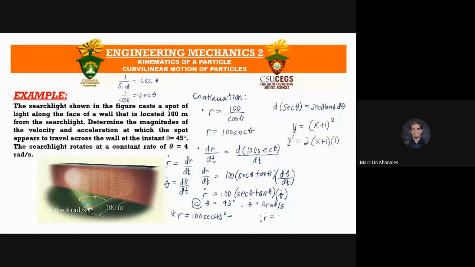R dot is 100 second 45 degrees tangent 45 degrees, and the theta dot is 4 radians per second.